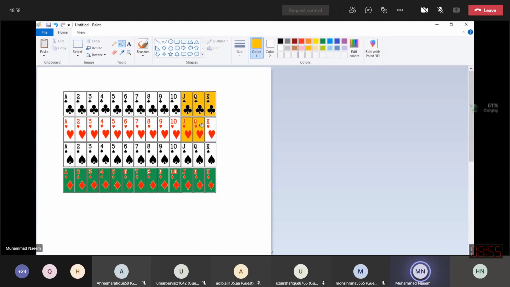This one, and also this one. These three cards are the face cards and also diamond. That's why they have both the colors, yellow color and green color also.